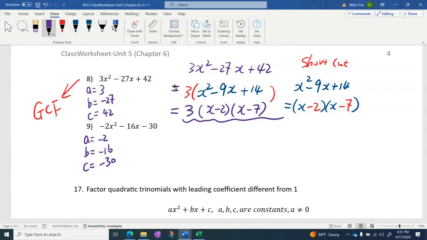In this case, the leading coefficient is not 1, but it's the GCF of all the 3 terms. So we are able to factor it out. After we factor the leading coefficient out, the trinomial in the parentheses has coefficient 1. So the shortcut method applies as well. Any questions, guys?